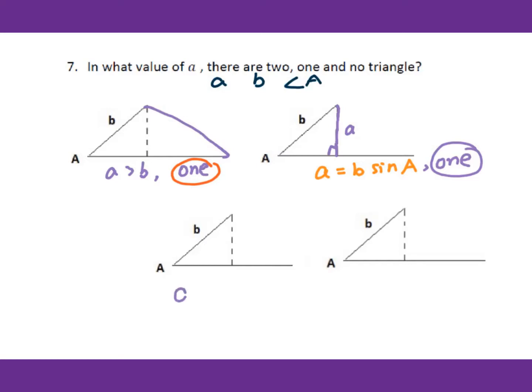If a less than b sin A, like this is a, then no triangle you can create.